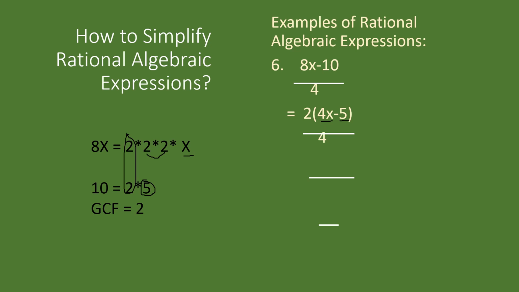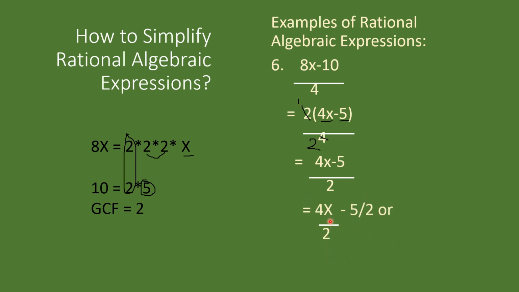We are not done yet. We can still simplify 2 and 4. So this is divided by 2, that is 1. By 2, this is 2. So we have 4x minus 5 divided by 2. Or you can separate this: 4x divided by 2, negative 5 divided by 2.